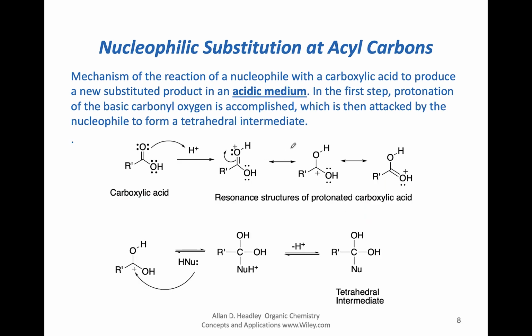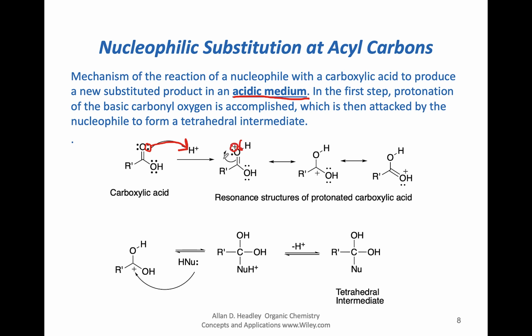You can imagine what will happen here. In the presence of an acid, in an acidic medium, using an acid as a catalyst, we can get this reaction to go. So the first step is the protonation of the oxygen. Notice again the arrow movement. We're moving these electrons here to bond to the proton, which has no electrons, to form this bond right here. And of course the oxygen, since it has 1, 2, and 3 bonds to it, has a formal positive charge.